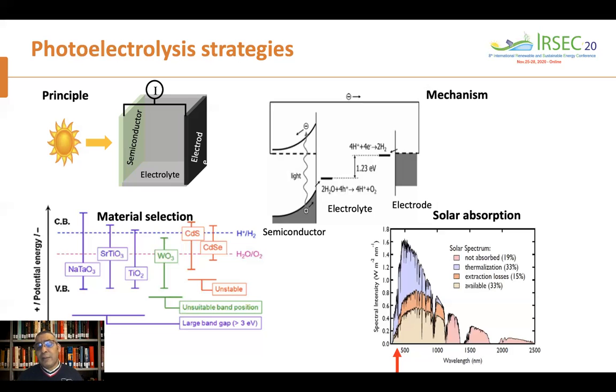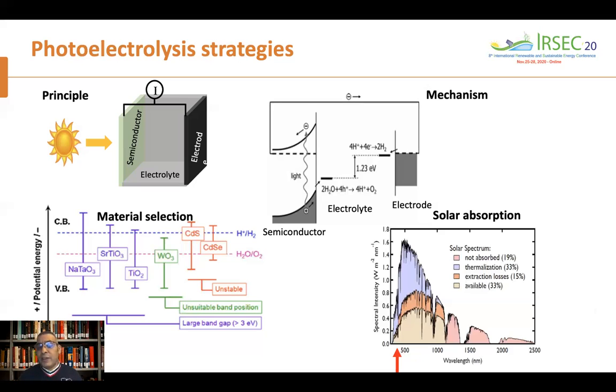So only what is available now for this instance is what I put here in yellow, which is the visible region, accounting also for UV, which is only 30%. So the idea here is to be able to use the full spectrum of solar energy, meaning UV and visible light, without losing irradiation due to thermalization and other aspects.